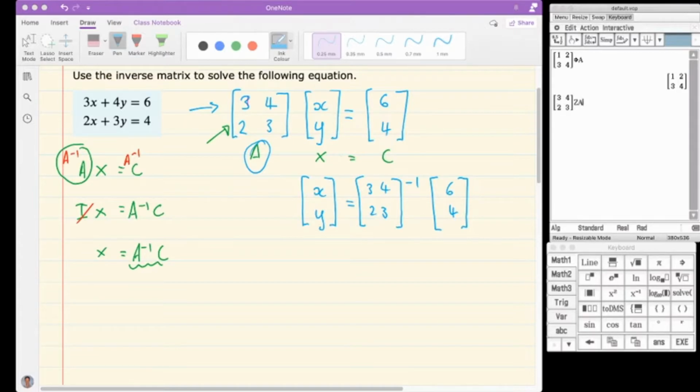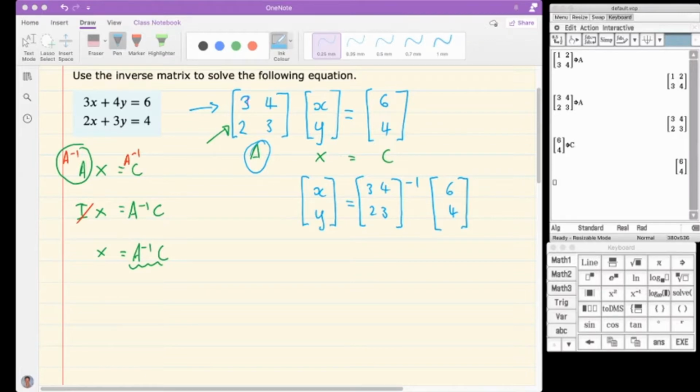Then we'll name the next one, 6 and 4, as C. Okay, so now I've named A and C.